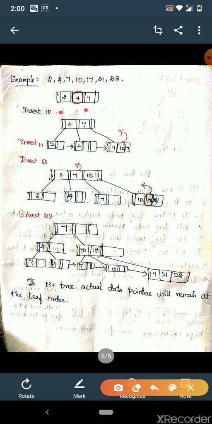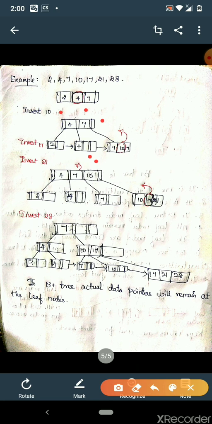So I'm going to make 4 and 7 as a root, and the lesser key at the left side, and the right side you can have greater than or equal to keys. That is 4, again 4, because greater than or equal to can be included at the right side.